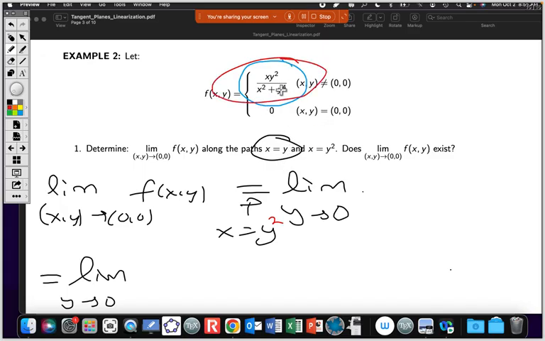I plug in x equals y squared, I get y squared times y squared, which is y to the fourth. And then the denominator, I get y squared squared, which is another y to the fourth, plus a y to the fourth. And so here I get y to the fourth over 2 y to the fourths. So I don't have to do anything fancy here, because what happens to these y to the fourths?